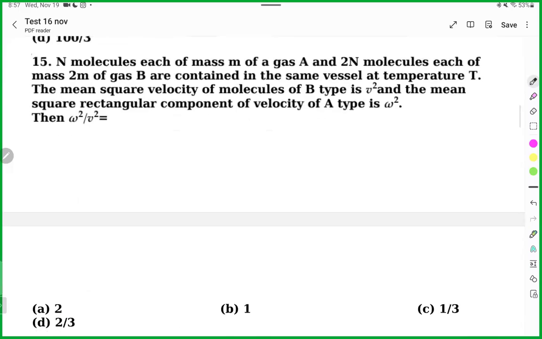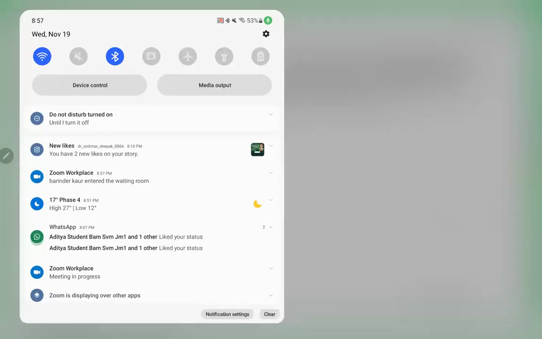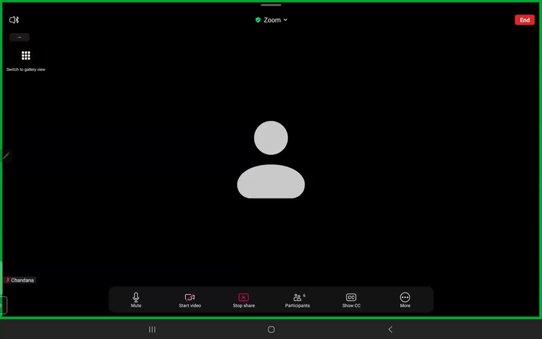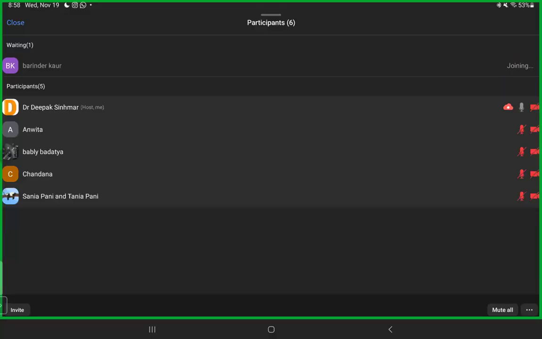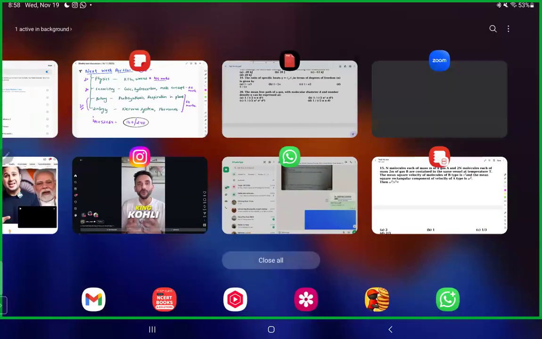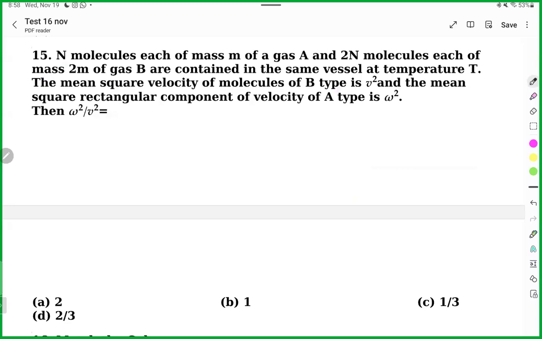Next. We did this in class. Who would like to explain this question? Pratigya. N molecules, each of mass m, gas A. 2N molecules, each of mass 2m, gas B. The same vessel, same temperature.